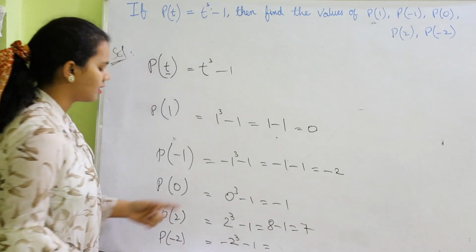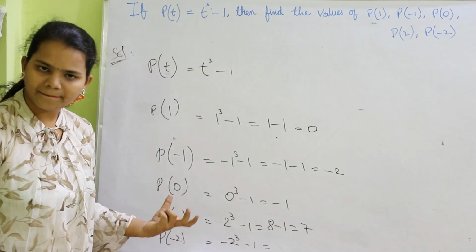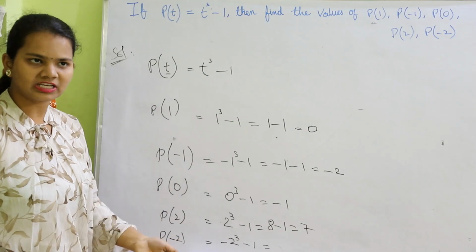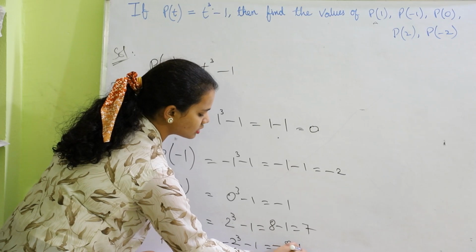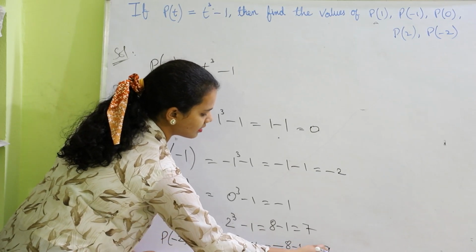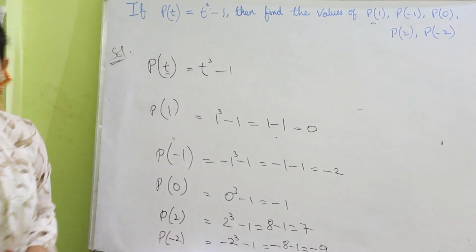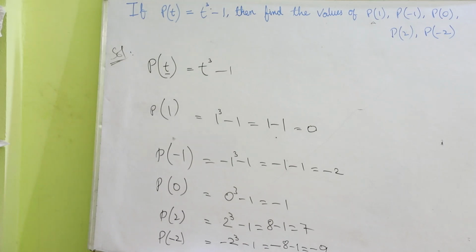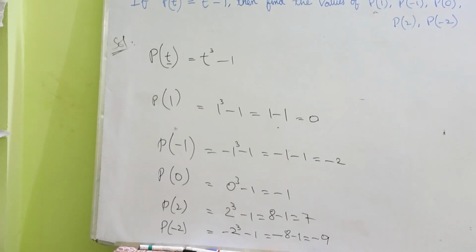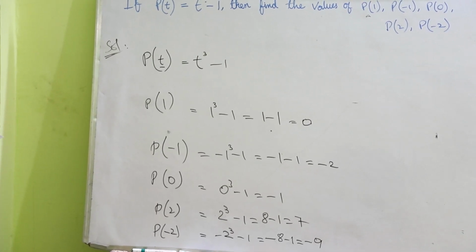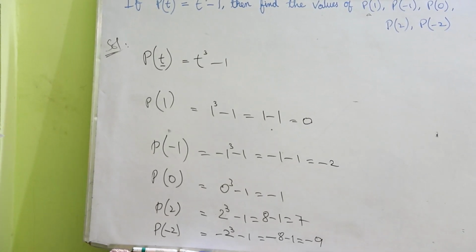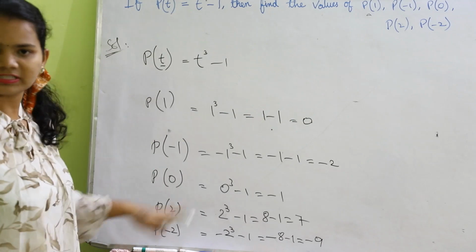It means minus 2 into minus 2 plus 4 into minus 2 minus 8. So minus 8 minus 1, which is equals to minus 9. Okay, these are the values that we got from this given question. Okay? Clear? Is it okay?